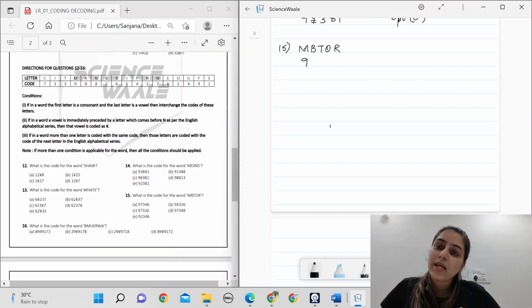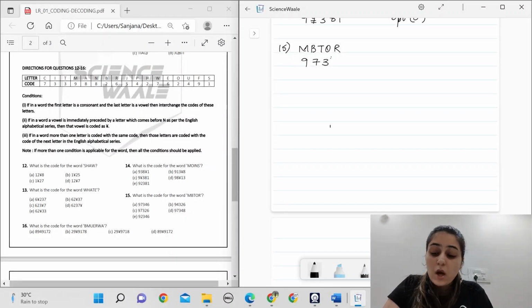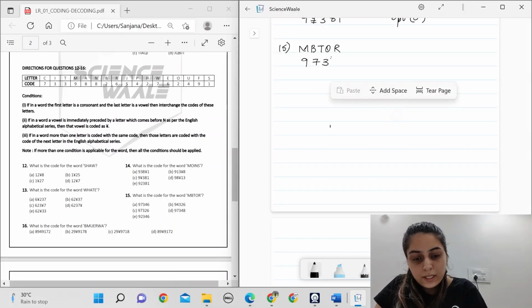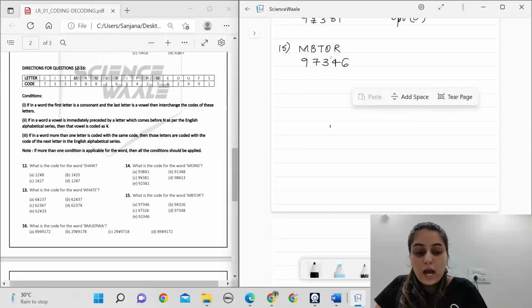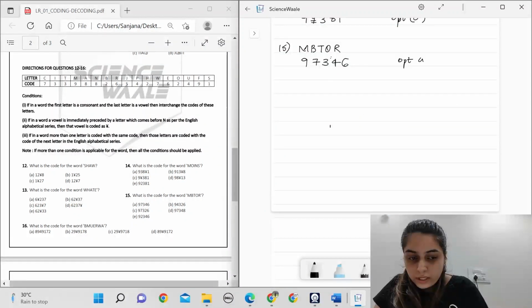The third condition says to go to the succeeding letter in the alphabetical series. So the succeeding letter of B is C, the code for C is 7, so we'll write 7. T again goes for 3. O goes for 2, but 2 again occurs for many letters, so we'll go for the succeeding letter, which is P, and P is coded as 4, and R is coded as 6. So the answer would be 97346, which is option A.